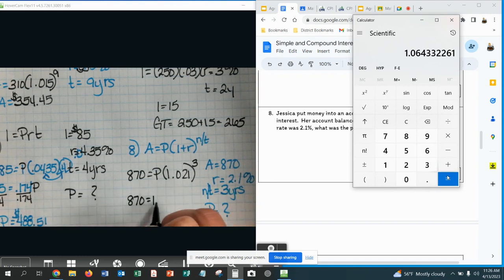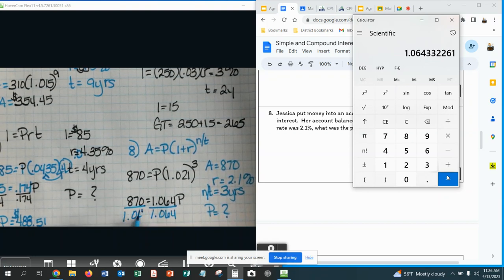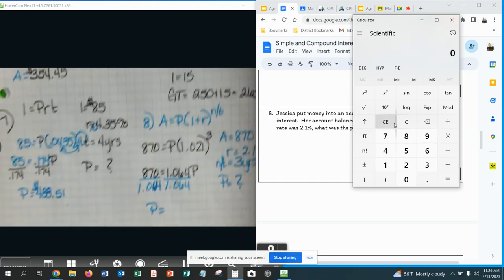We're going to just put 1.064P, right? We're here. What am I going to do now? I'm going to divide by it, right? By 870, right? Yep. Who can tell me what P is now? P equals something.